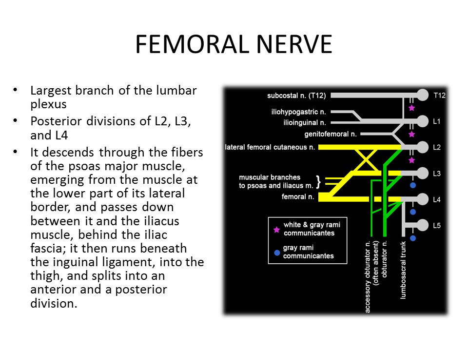So a little bit lower than the lateral femorocutaneous nerve. And it passes down between the psoas and the iliacus muscle, travels down behind the iliac fascia, and then runs beneath the inguinal ligament into the thigh. And once it's in the thigh, it spreads from there into an anterior and a posterior division.